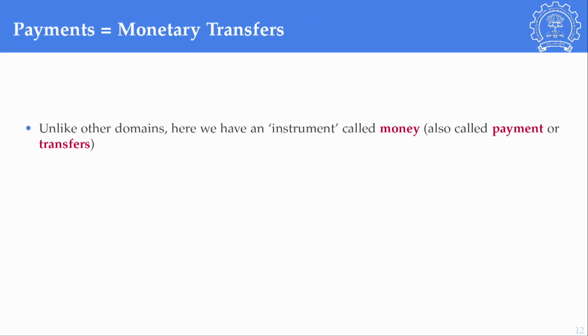The second part is that, unlike other domains, we have an instrument which is money, which is payment or transfers. What we can do is decide certain allocations, and then transfer happiness using this instrument called money. That is essentially why it is called mechanism design with transfers. I can transfer happiness between agents using money. It is just transferring your utility.